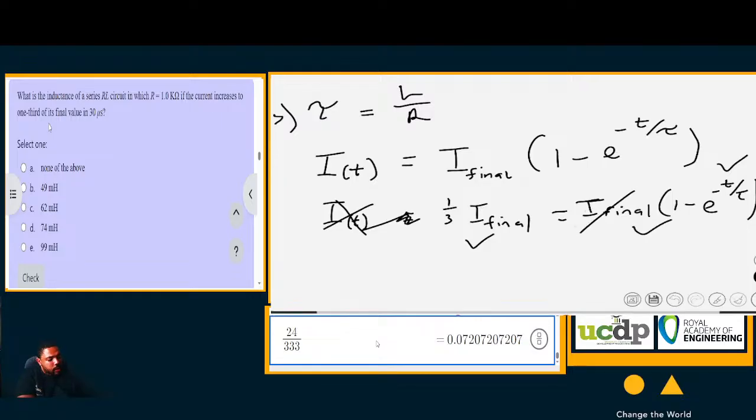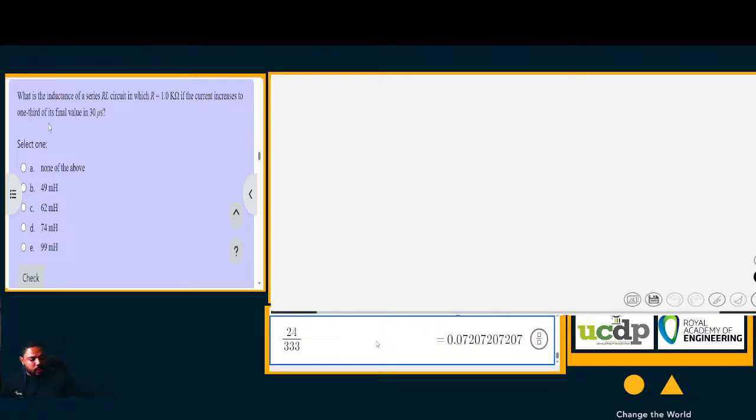So if we divide, I final cancels in both. It means this 1 minus e to the negative t over the time constant should be equal to a third. Let me rewrite it. 1/3 should be equal to 1 minus, and some of you may have noticed where I'm going with this. You then just solve for the time constant.